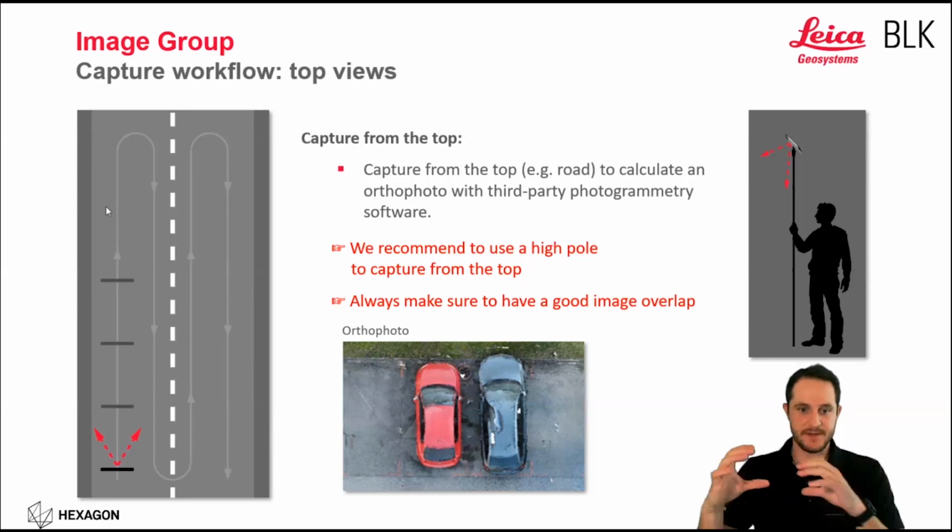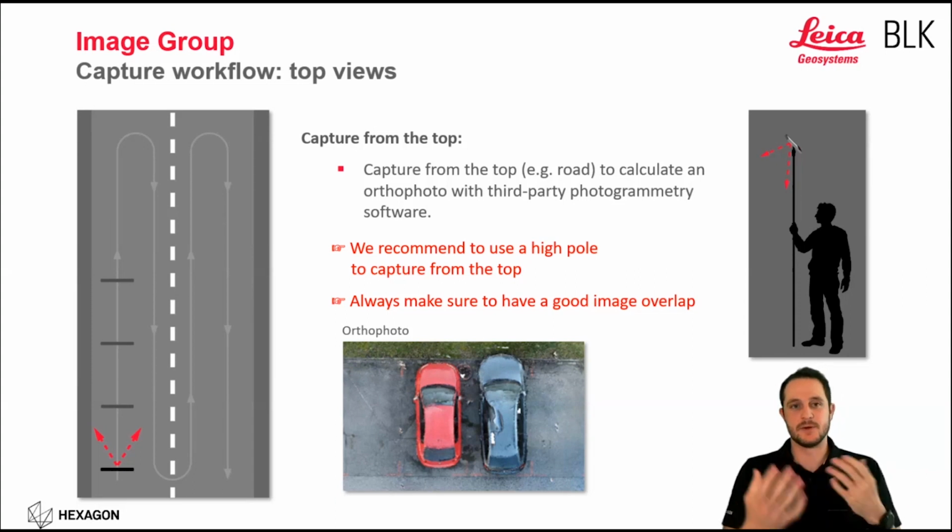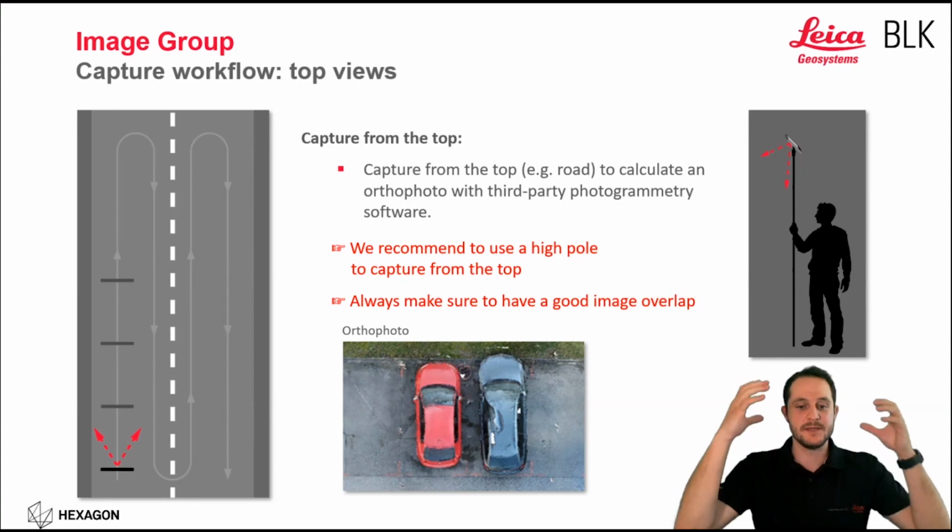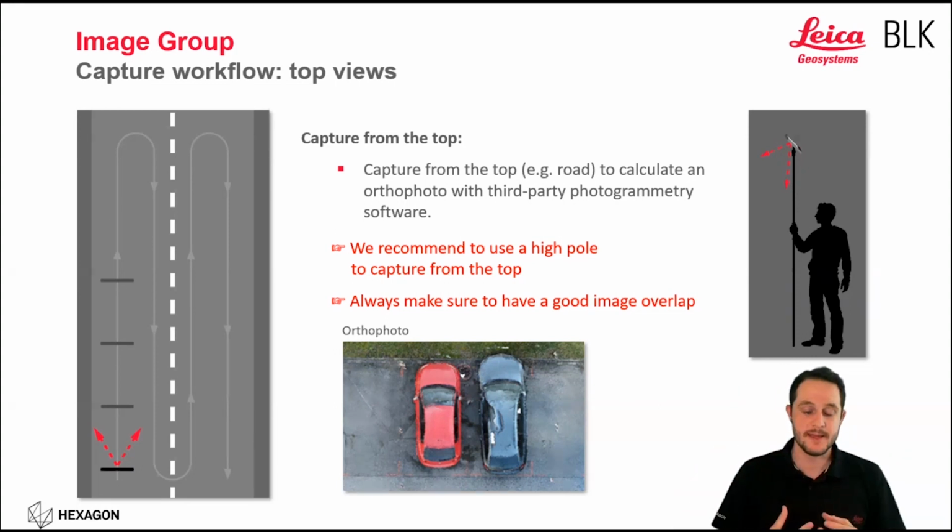Of course you need to have enough overlapping. Depending on what you want to capture, for example public safety, they also need photos from the top. We also recommend using poles like this. There are many different ones, different people producing them. Our product management is looking at the best examples and so on.